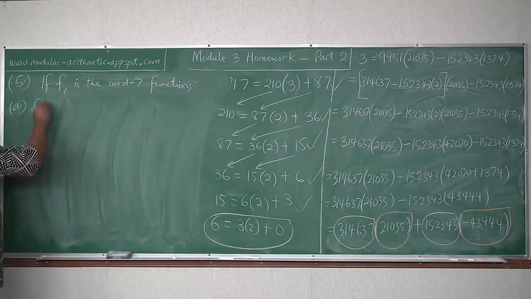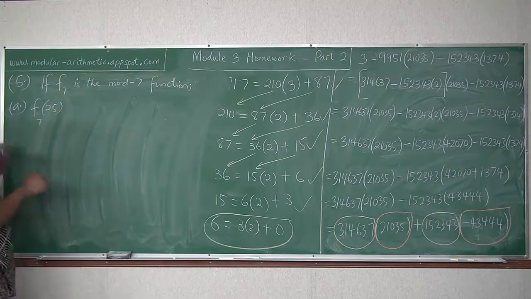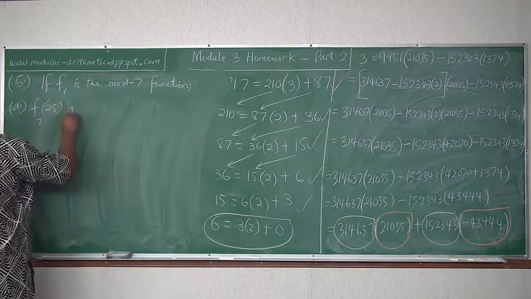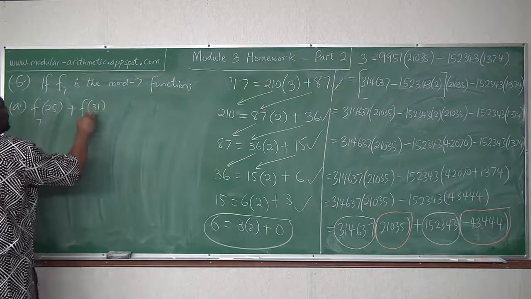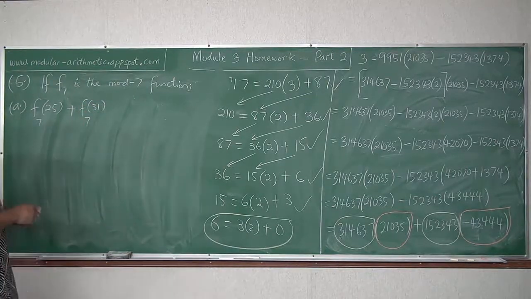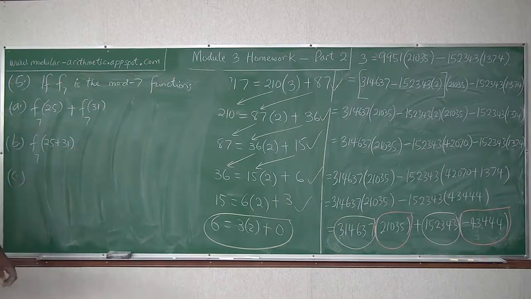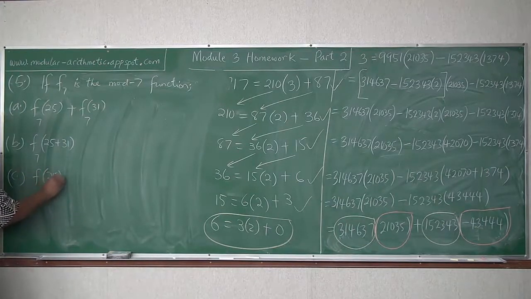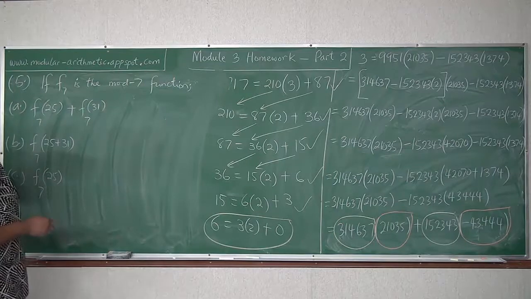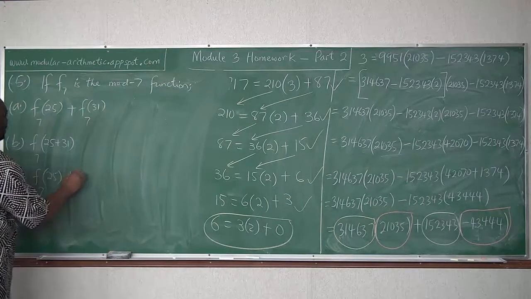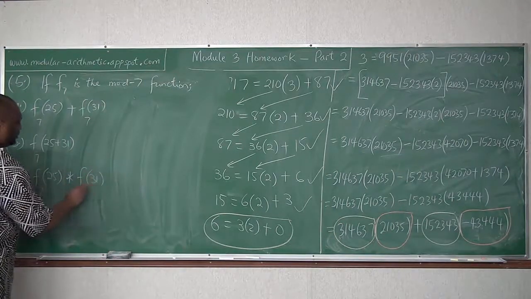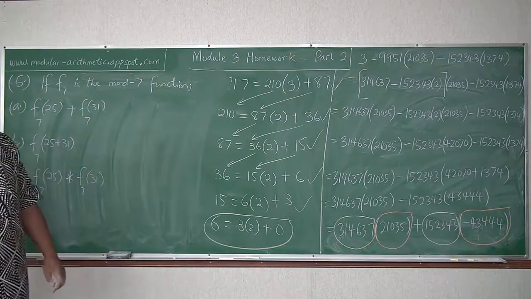A, F25 mod 7, okay, in mod 7 plus F31 in mod 7. B, F of 25 plus 31 mod 7. C, F25 mod 7 times 31 mod 7.